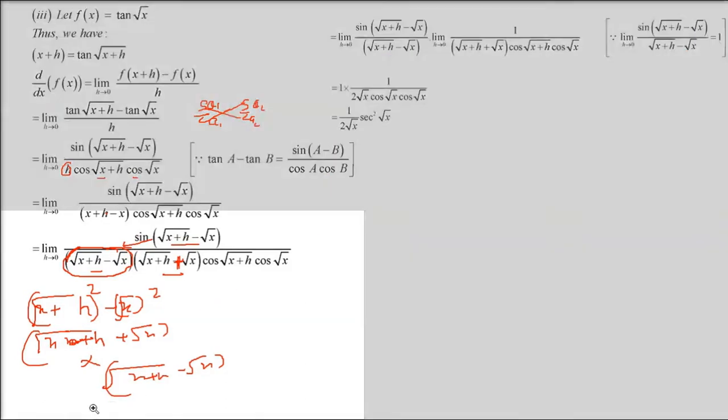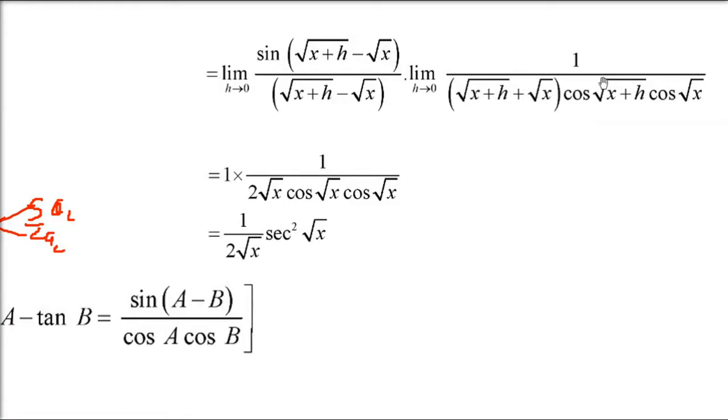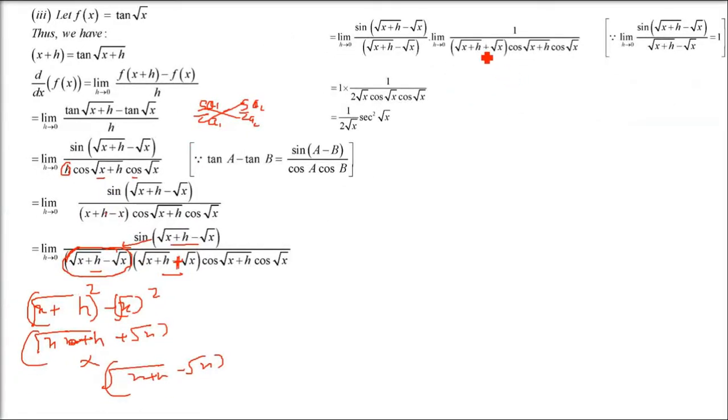And what about this? 1 by under root x plus h plus under root x. So h is 0, under root x plus under root x is twice under root x. And for the denominator, h is 0, so cos under root x and cos under root x will be cos square under root x. Cos goes up, so sec square under root x. In the denominator you have 2 under root x.